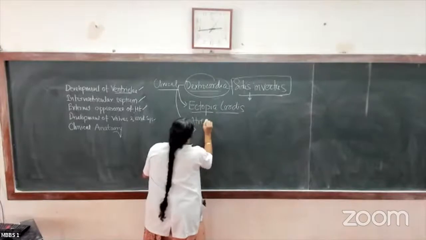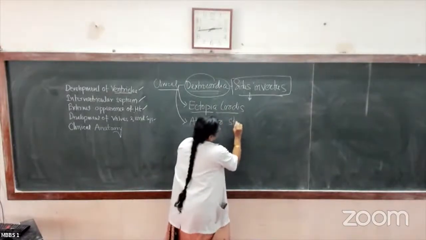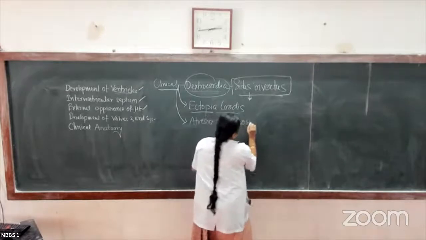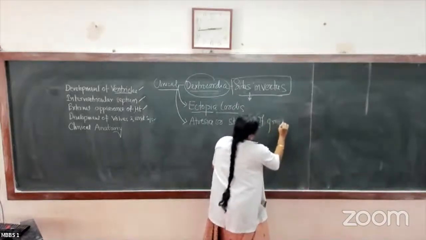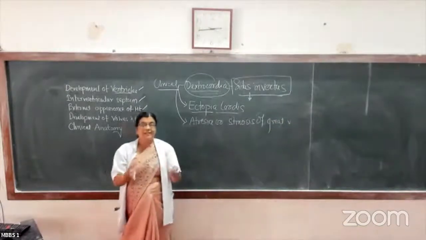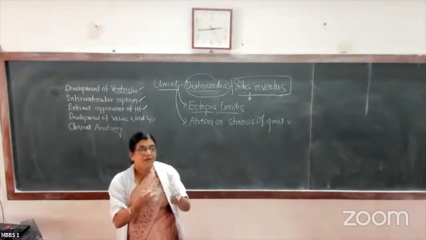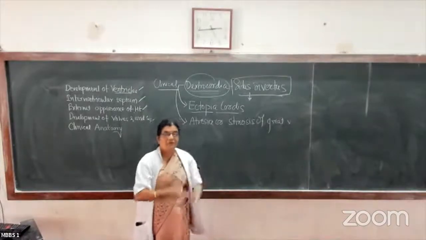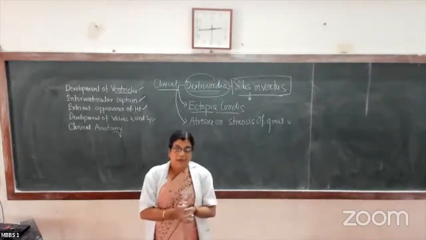Third is atresia or stenosis of great vessels, pulmonary vessels or aorta. Okay, if the pulmonary artery or pulmonary trunk has a stenosis, what will happen? Pulmonary trunk is coming from the right ventricle, so the right ventricle should contract more.